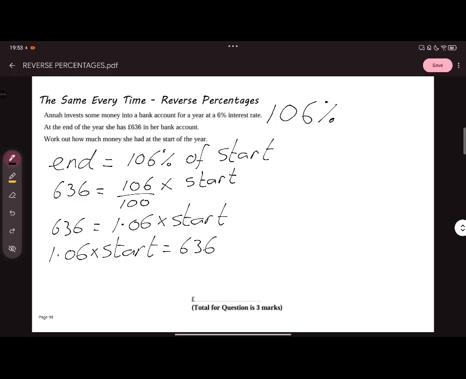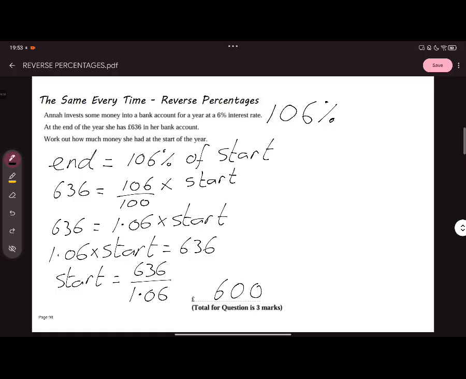So multiplying by 1.06 on the left, I can move that to the other side. So the starting amount, 636, the multiply by 1.06 becomes a divide by 1.06. Well, calculator job for this one, 636 divide by 1.06 gives me, again, it's a nice round number. So that makes me think I've probably got the right answer for this one. So 600 for this one.